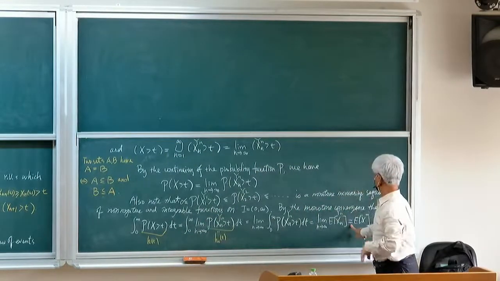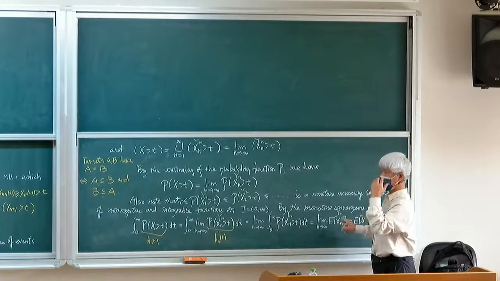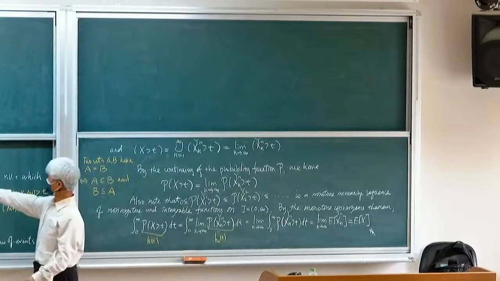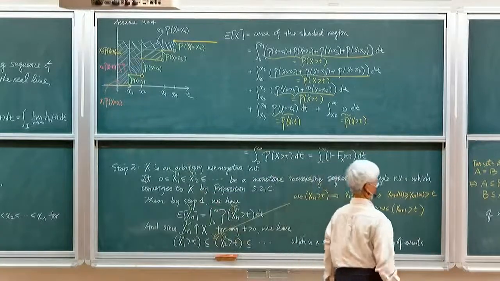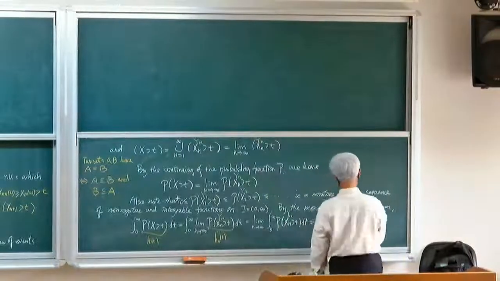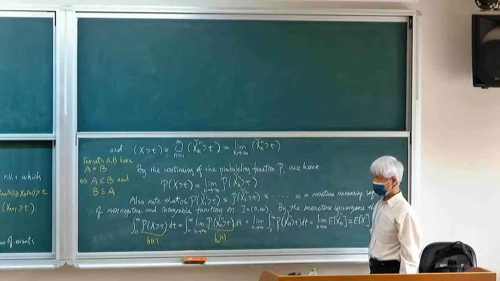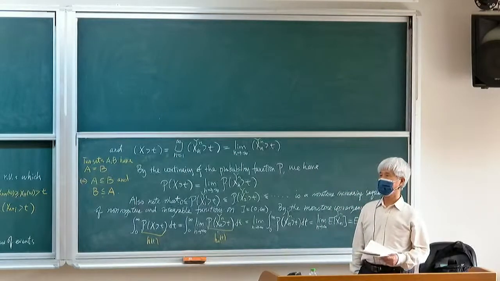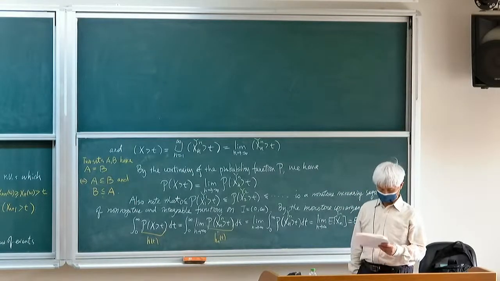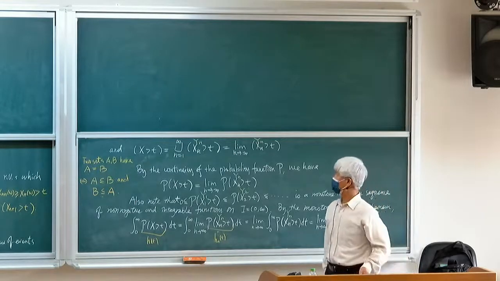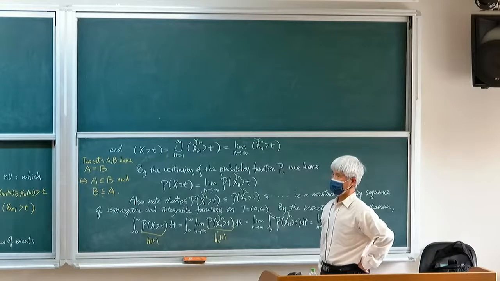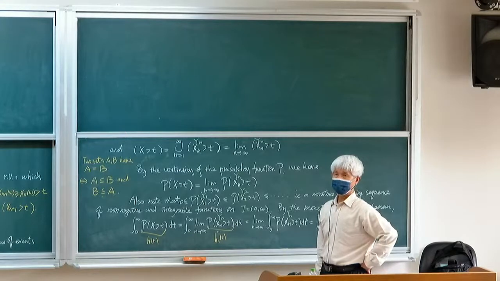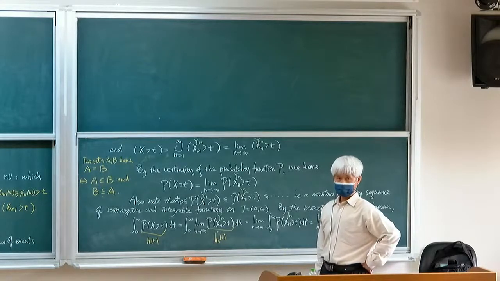So our definition using any one of the monotone increasing sequences to converge to X will be good enough, equal to the expectation of X. Any questions?